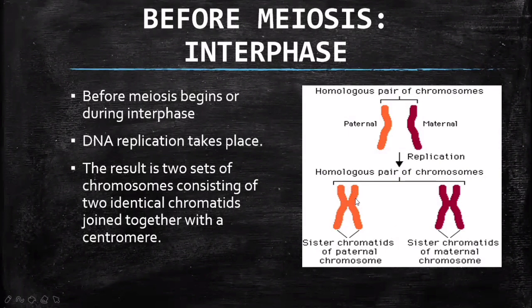It's a copy of this one, and it's joined together by a centromere. It's a bit complicated, but just know that the chromosome from the mother has to undergo replication to form what we call sister chromatids, which are joined together by a centromere.